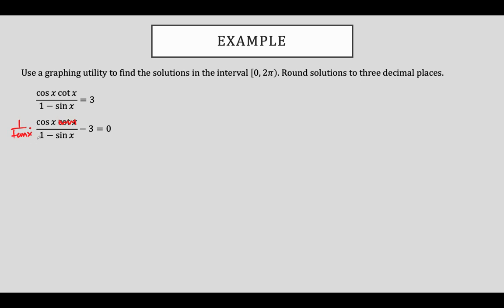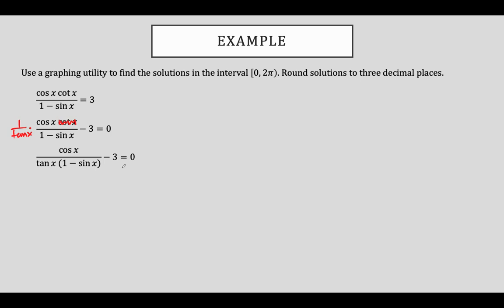And so that actually throws a tangent of x into the denominator of our fraction, leaving us with cosine of x divided by the quantity tangent of x times the quantity 1 minus sine x. Notice the parentheses here around 1 minus sine x. Minus 3 is equal to 0. And at this point, we can begin to go ahead and plug this into our calculator and graph our function.